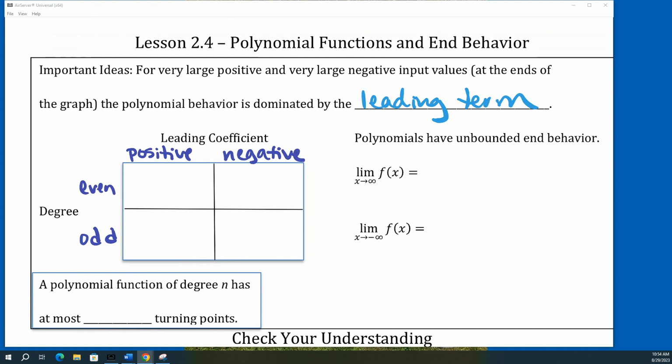Now, for my Algebra 2 students and my pre-calculus students, what I tell them about the leading coefficient might be different from what your Algebra 2 teacher told you. But what I remember is the leading coefficient always tells what happens on the right.